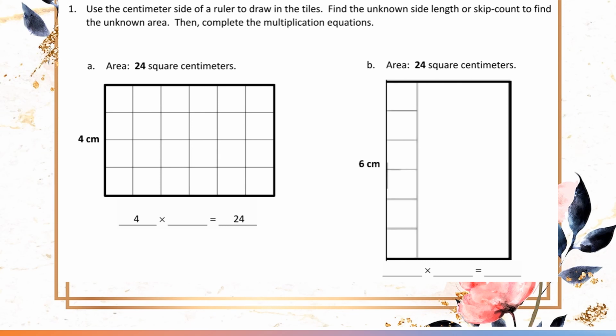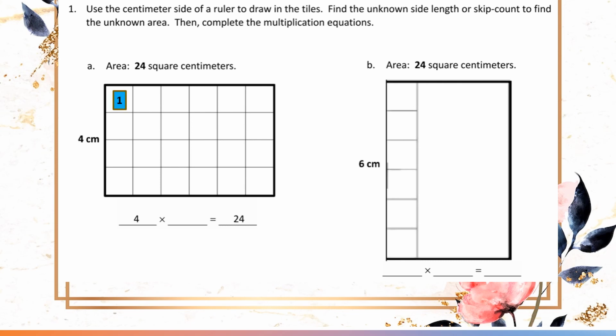So the equation at the bottom is 4 times blank equals 24. You just have to fill in the blank. And if you know your multiples, then you can fill it in without even counting these square centimeter units. But let's go ahead and count them just to make sure that we understand where the numbers are coming from.